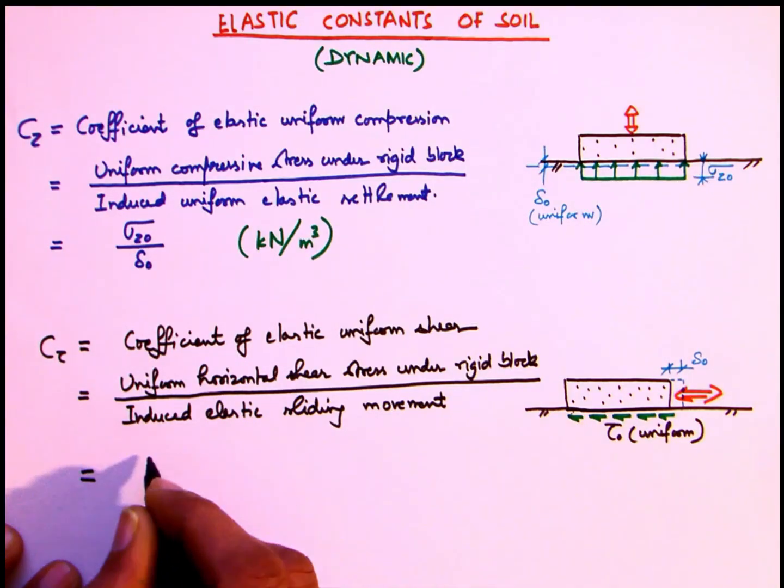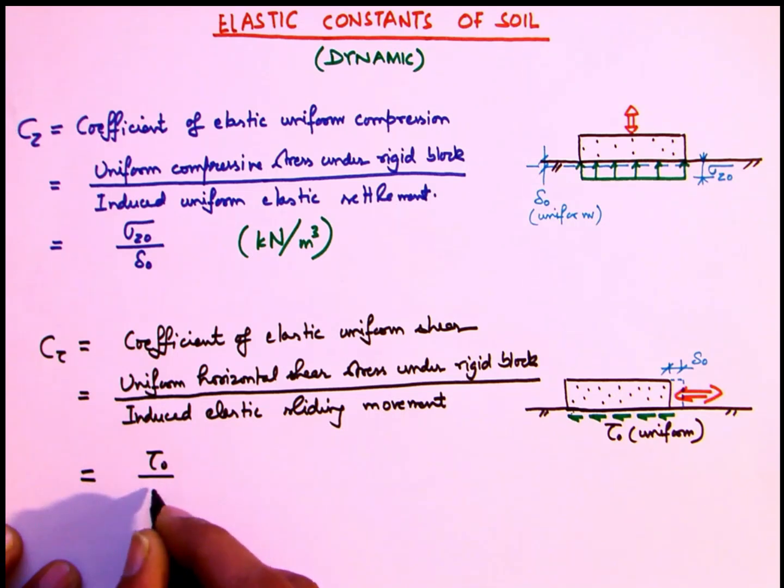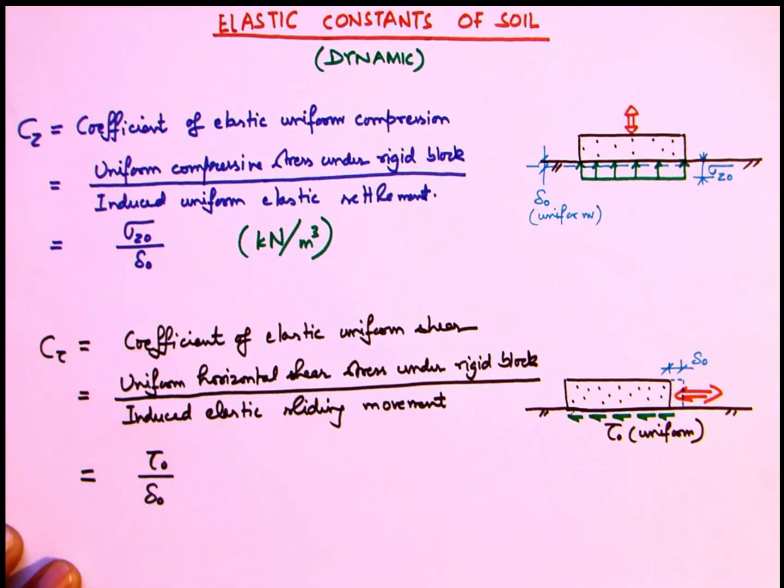So here for the present case it will be tau naught divided by delta naught. Again it has unit of kilonewton per cubic meter.